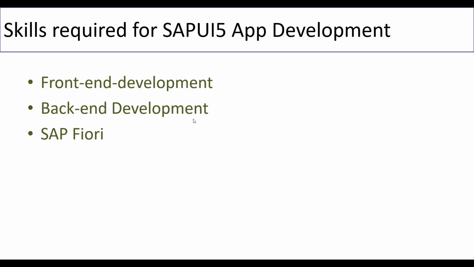I have seen at least 40% of projects where the backend developer and the front end developer are completely different. But our focus is the comprehensive course. You can become a consolidated front end, back end, and SAP Fiori developer.